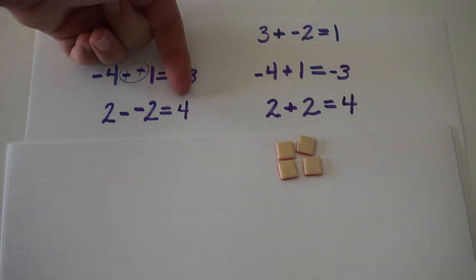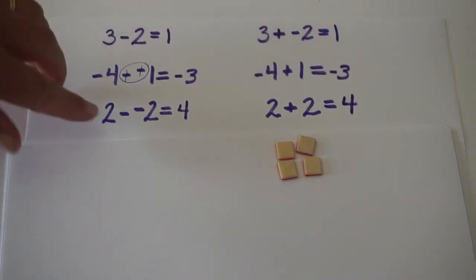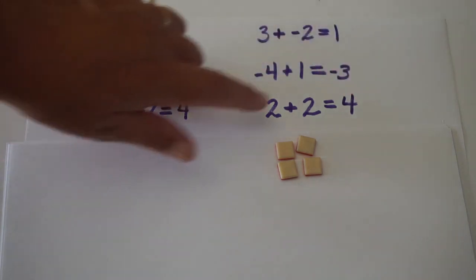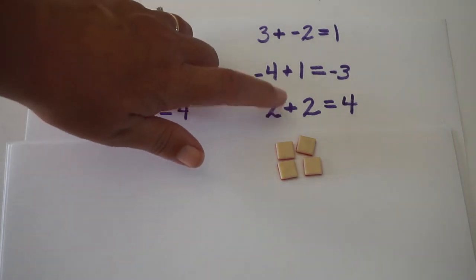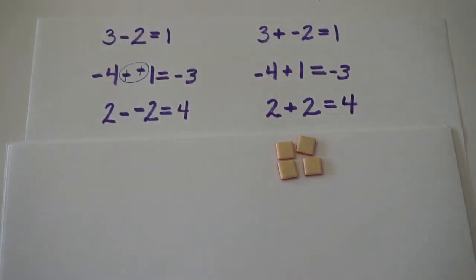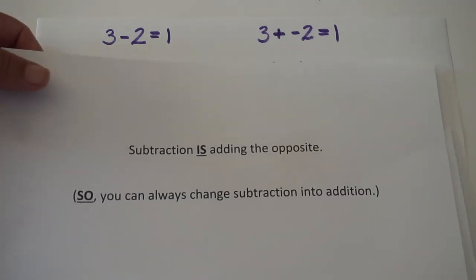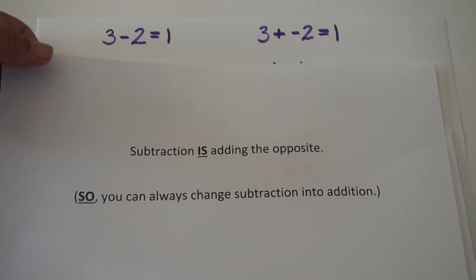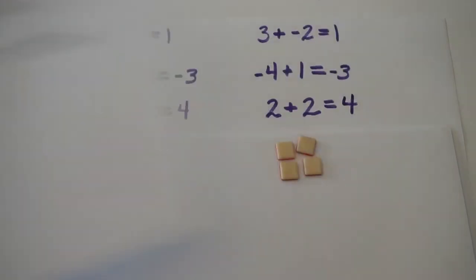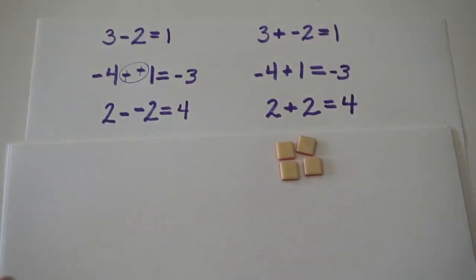Again, our results match. We get a 4 here, we get a 4 here. Subtracting a negative is the same thing as adding a positive. Subtraction is adding the opposite. So we can always change subtraction into addition. And that's often a very powerful, very helpful thing to do.